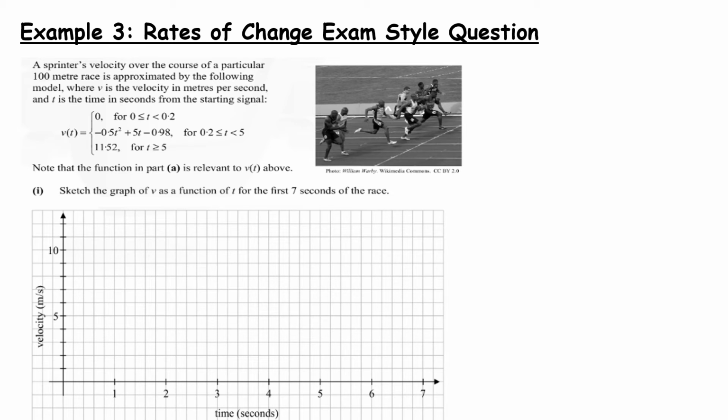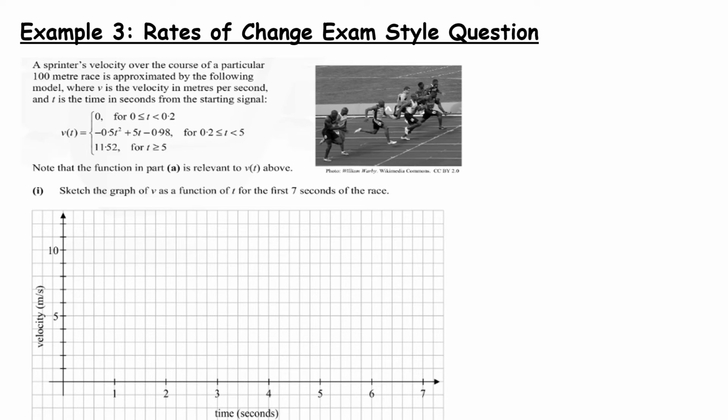This exam question asks us to look at a velocity function, but it's in 3 different parts. So this caused a lot of problems for students, but it is very, very realistic. And actually, when we break it down, it makes so much sense. So a sprinter's velocity over the course of a particular 100 meters race, that's important.